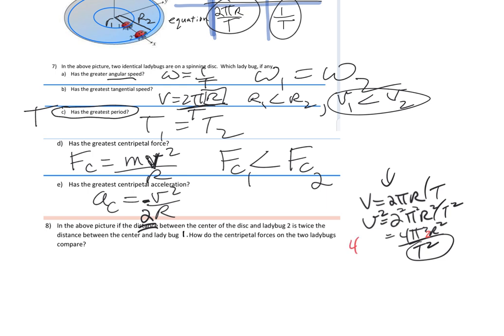So really the V squared would be 4 times more, because 2 squared is 4. So this would be 4 times up here. So the AC would be twice as big for Ladybug 2.